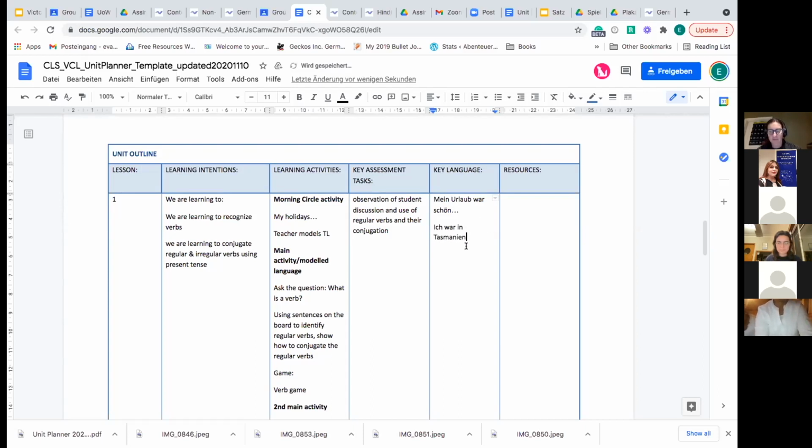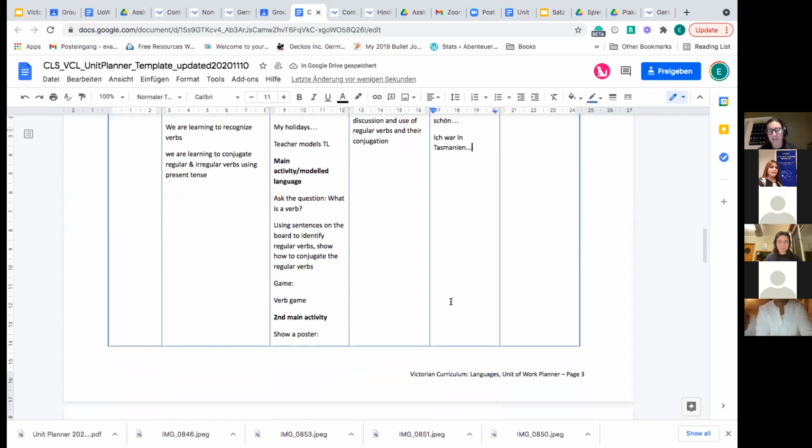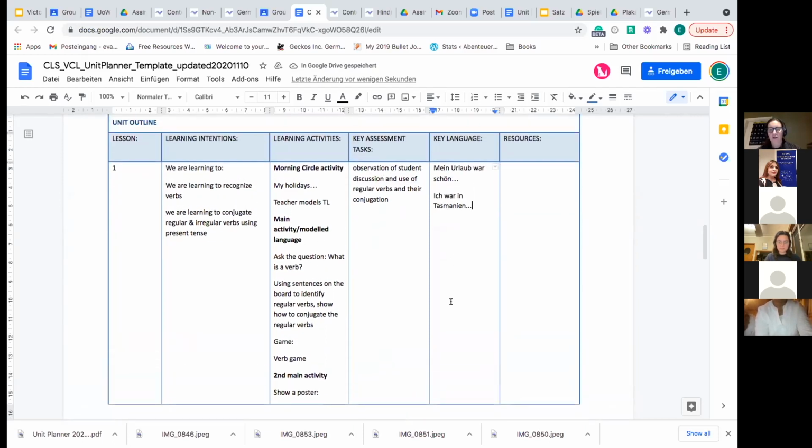I was in Tasmania, and so on. So I would fill in the key language I expect them to use and learn during that activity. So for example, for the regular verbs, we might use spielen. That means to play, because that's a very regular verb and we can use that for the conjugation.